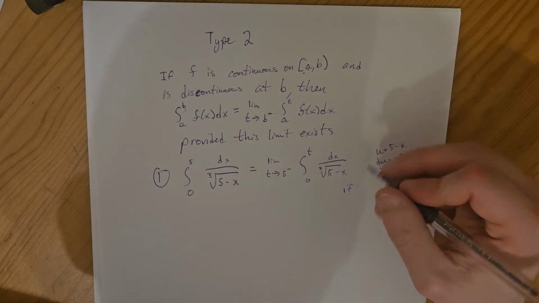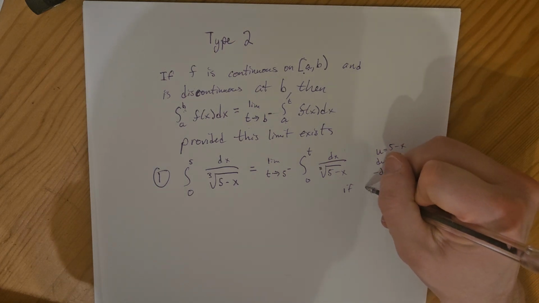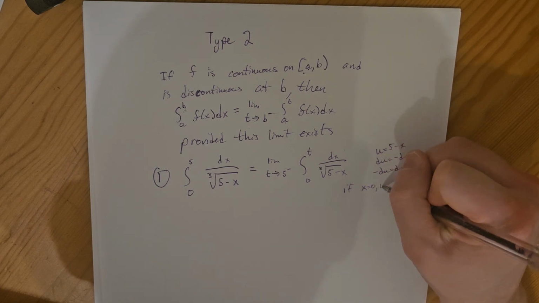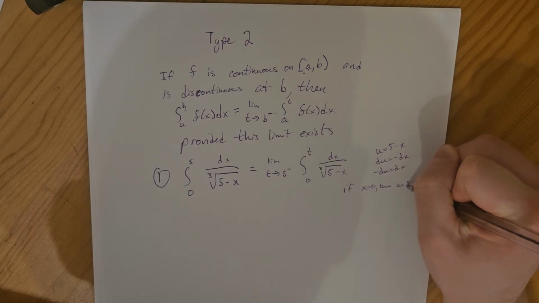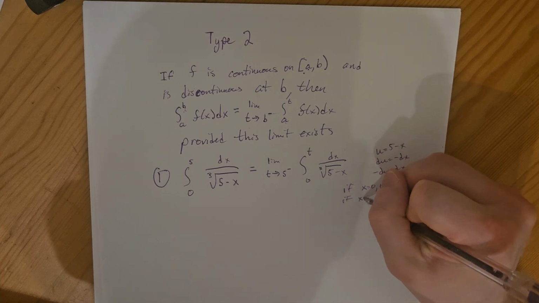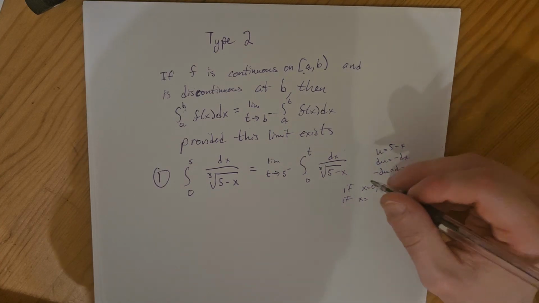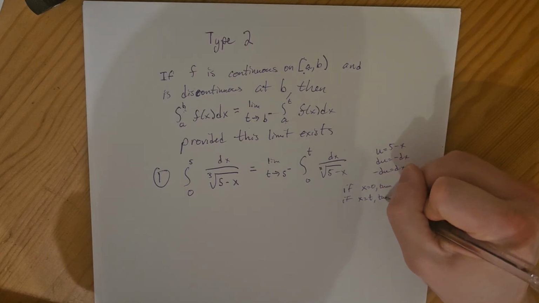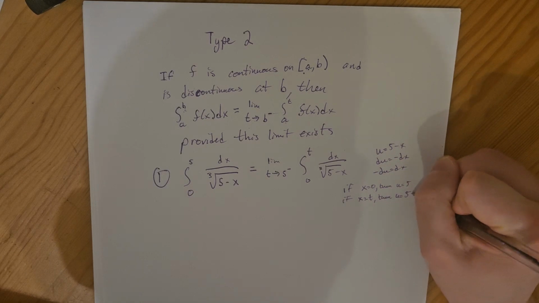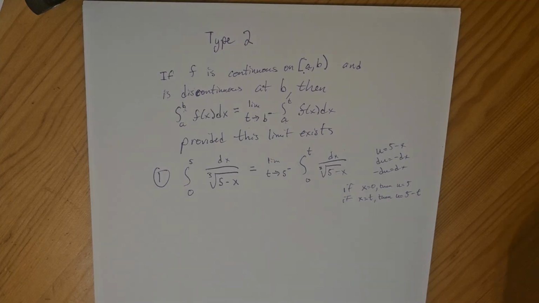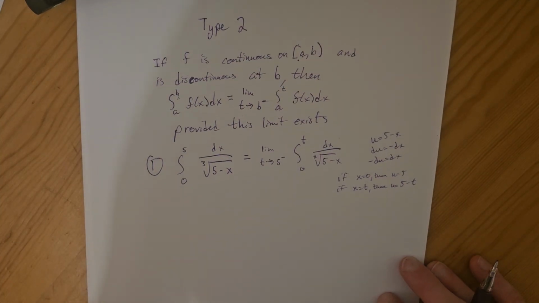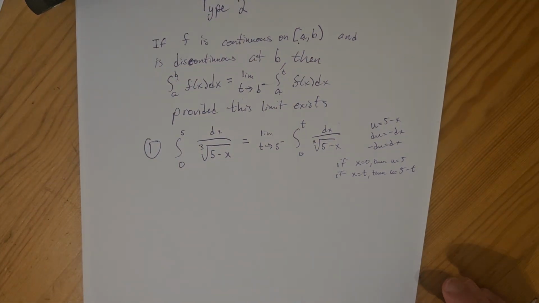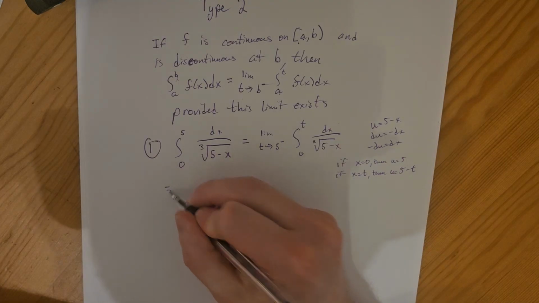If x is 0, then u is 5. If x is t, then u is 5 minus t.